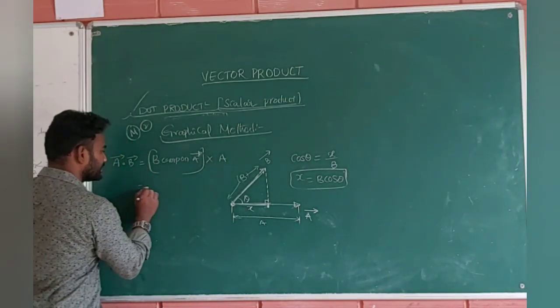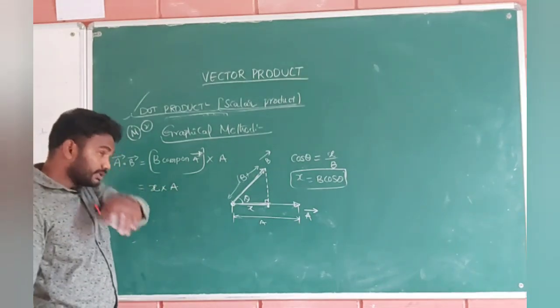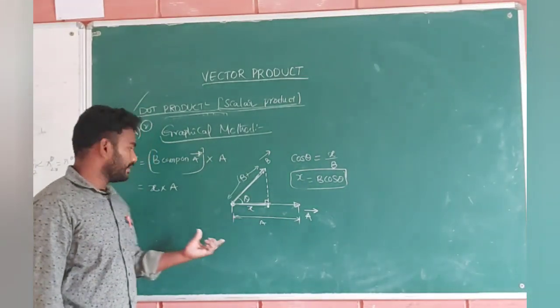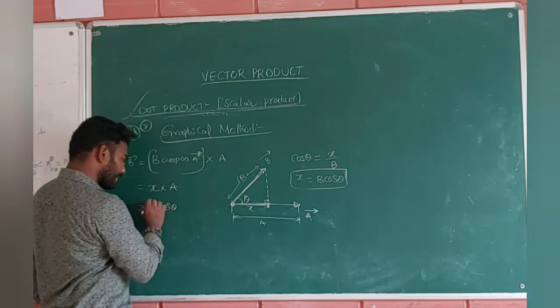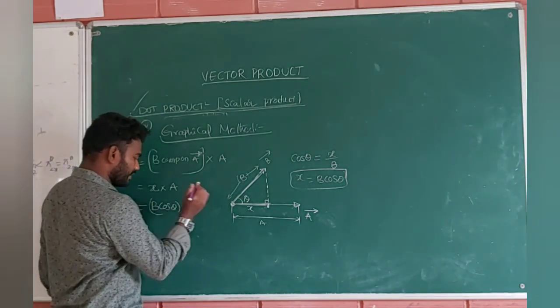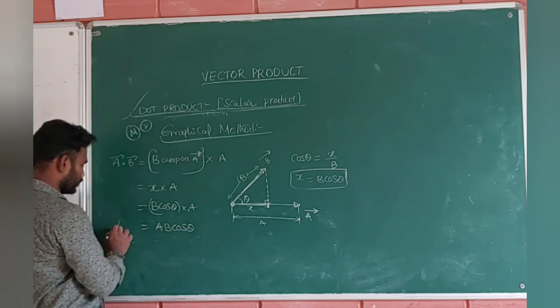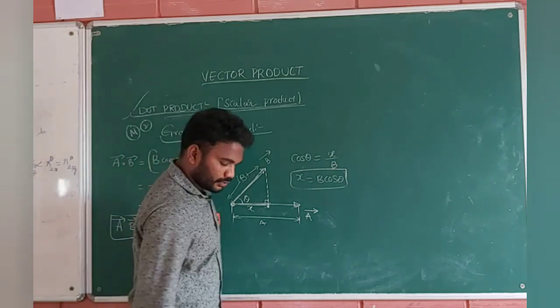That is X. That is nothing but X into A is the dot product here. X is the magnitude of x, guys. It is not a bar. Now, what is the X value? We already found B cos theta, into A, the magnitude of A. So finally we get AB cos theta. You can write that. That is what is called A bar dot B bar, guys. I hope you understand.